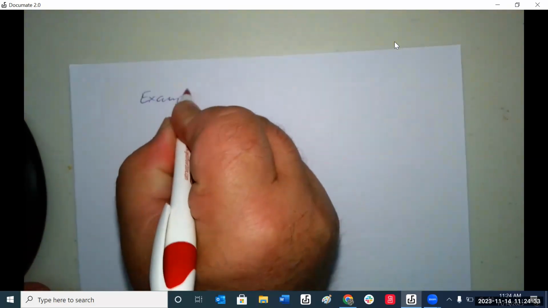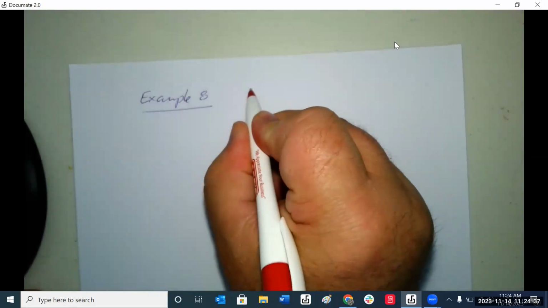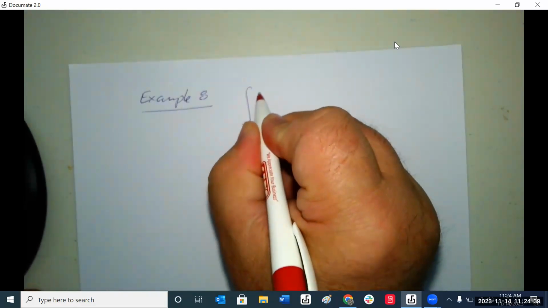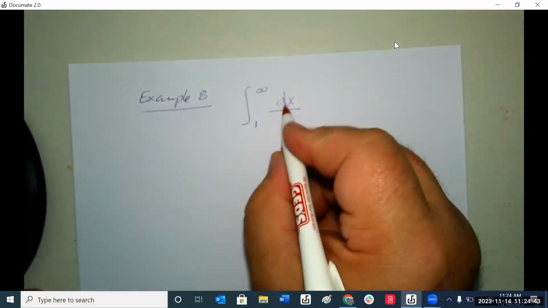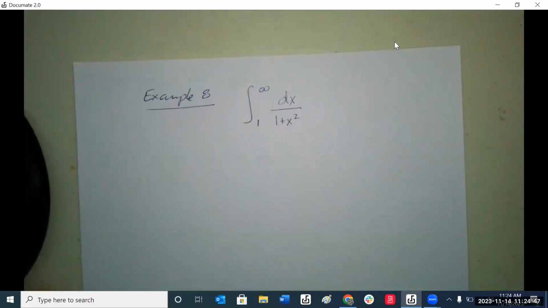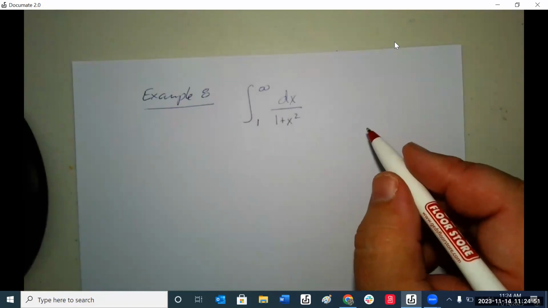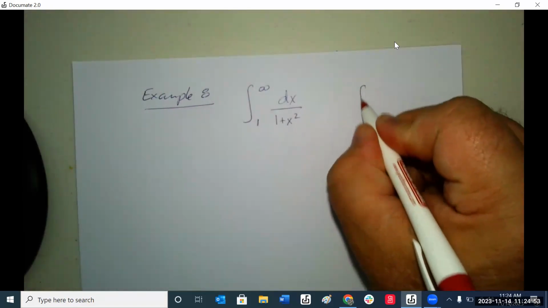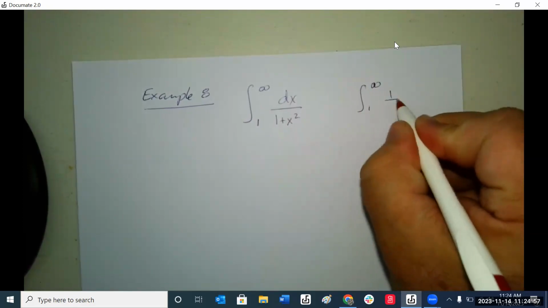So example 8. This is that other one, plus x squared. Converges by comparison with one over x squared.